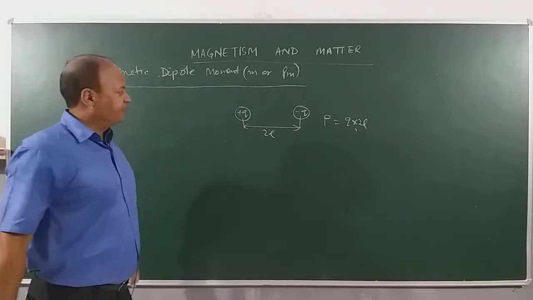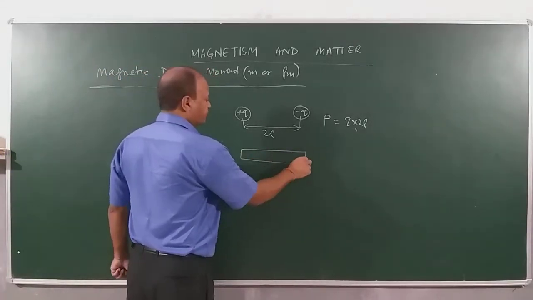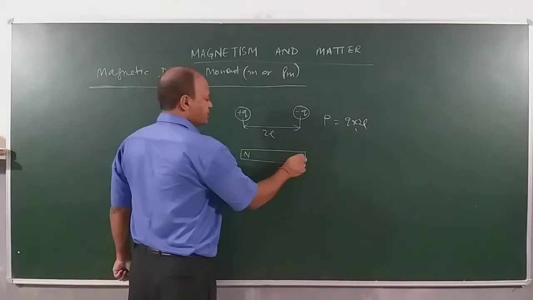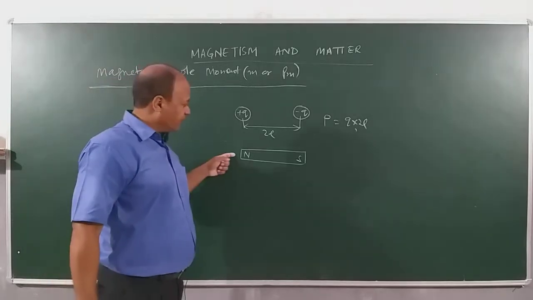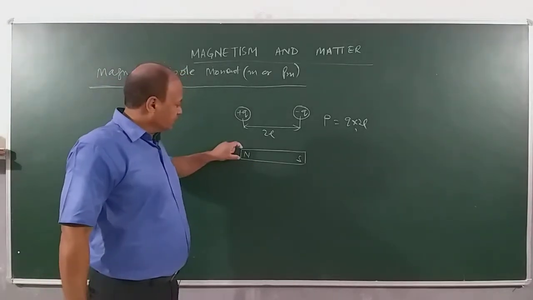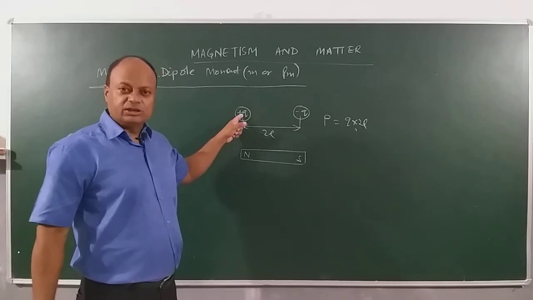In the same manner, if you have a bar magnet here, this is the north pole and this is the south pole, and we understood that for a bar magnet the pole strength is analogous to charge.